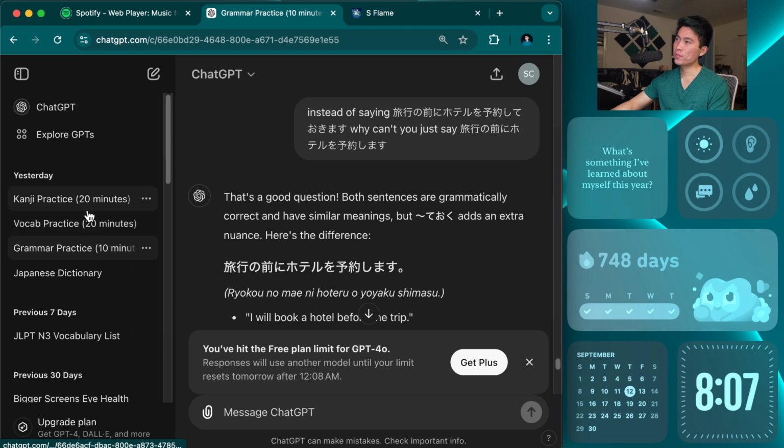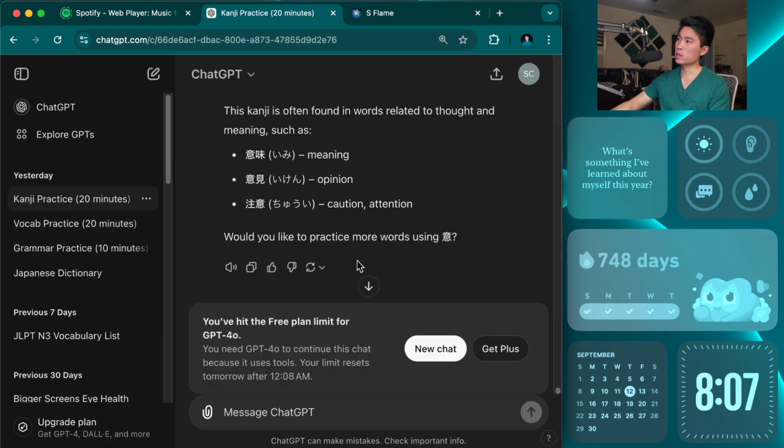So let's go to kanji practice since this seems to be the main one. Let's ask it something if I can. This thing says I've hit the free plan limit for about 10 days. Let's just say the next week I will need to study.